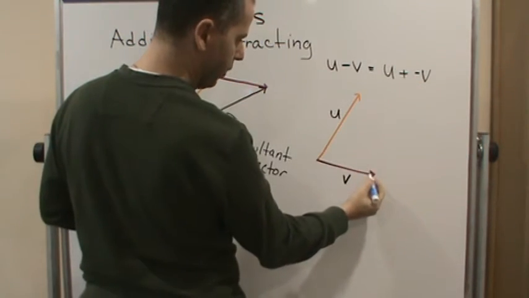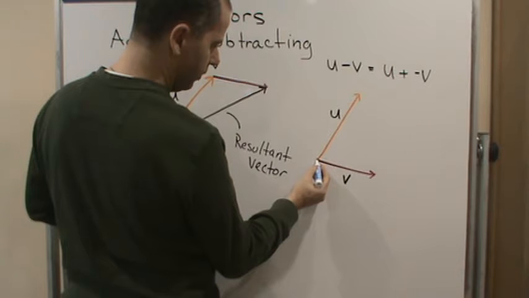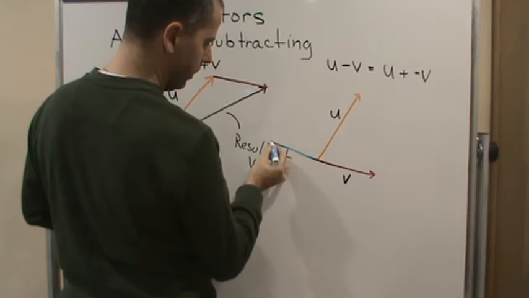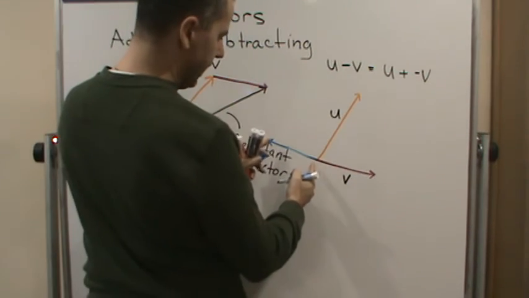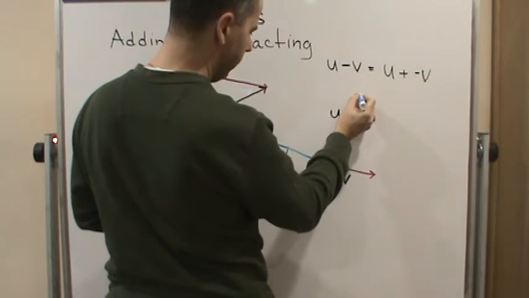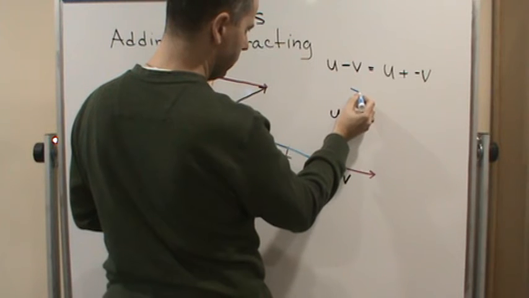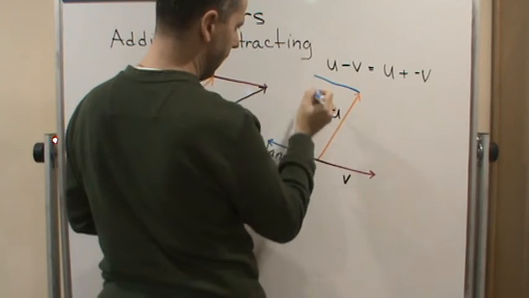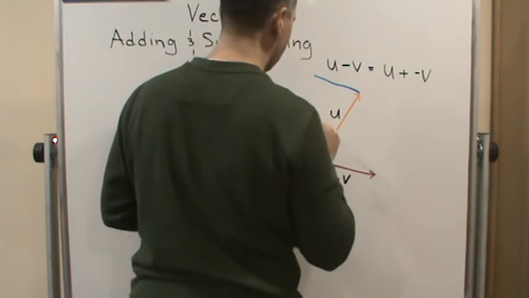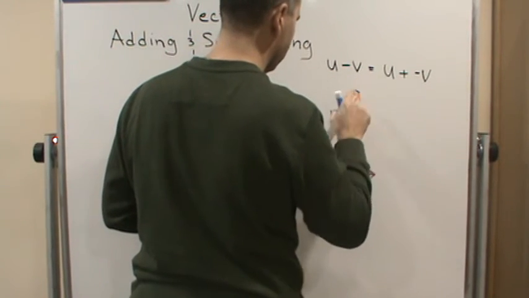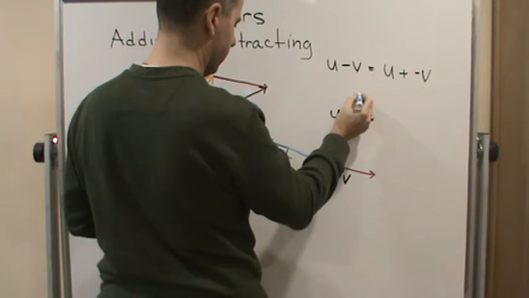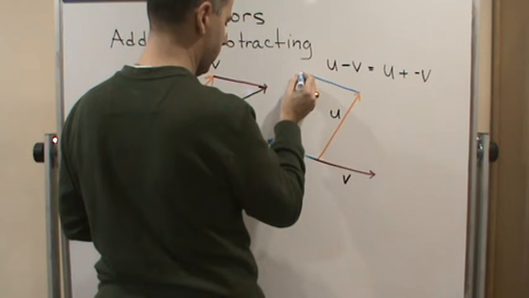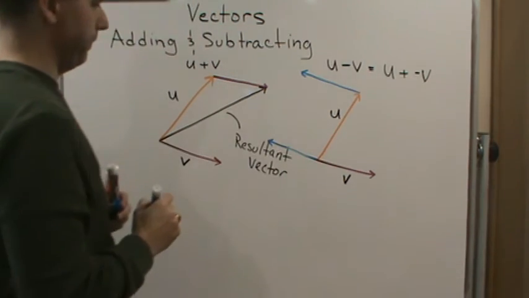So the vector would have to be going in the opposite direction, so it would be going this way. And then we would slide this up to here. Like so.